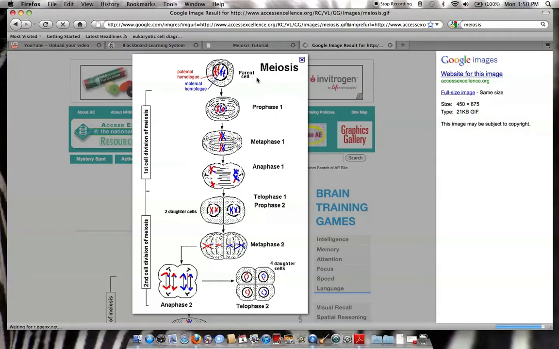Okay, meiosis, you start off with your parent cell, go through the phases, end up with 2 cells, then you begin again, and you end up with 4 gametes.